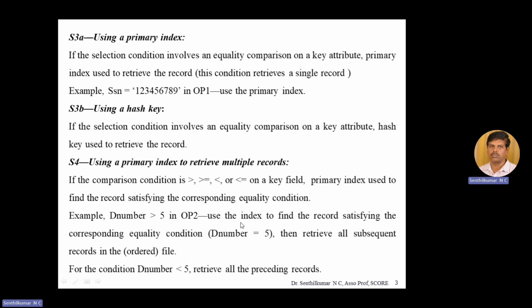And department less than 5 means the preceding records will be retrieved. Those are the simple conditions. Where only one condition is available, we use a linear search or binary search method, the hash key method, or the primary index method, and for multiple records the same primary index is used.